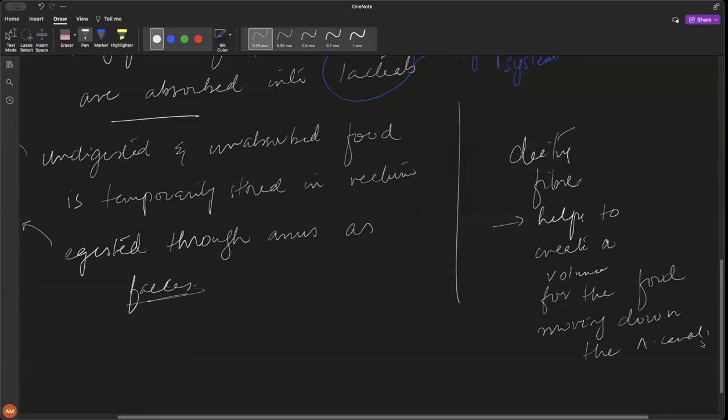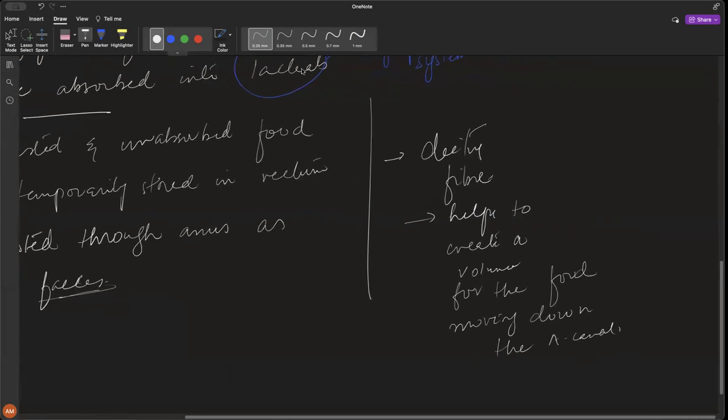The role of dietary fiber is just this: it gets ingested, it stays undigested, unabsorbed, right? But why? Because humans do not have enzymes to digest it. What is the main type of dietary fiber?